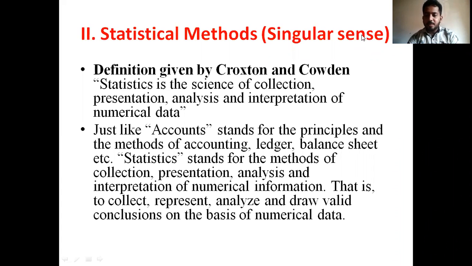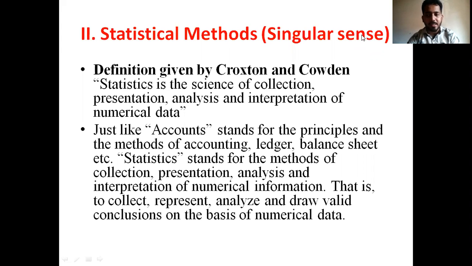Good morning, students. In the last class, we discussed the definition of statistics. We already know the definition of statistics is divided in two contexts. The first one is statistical data.